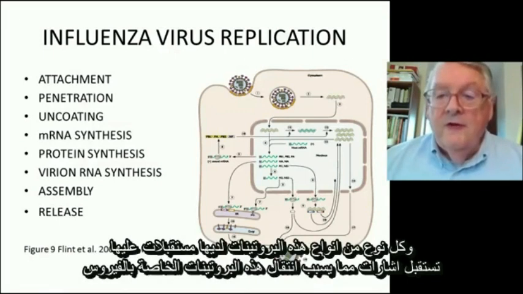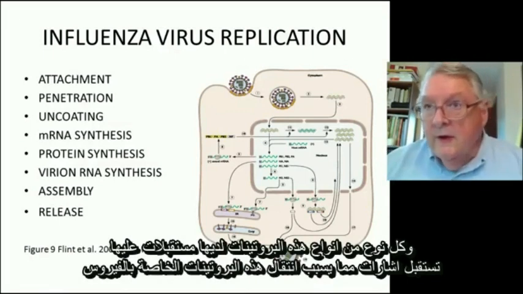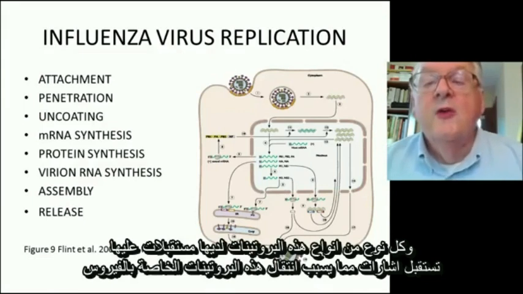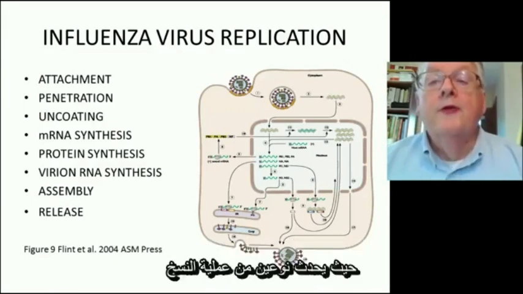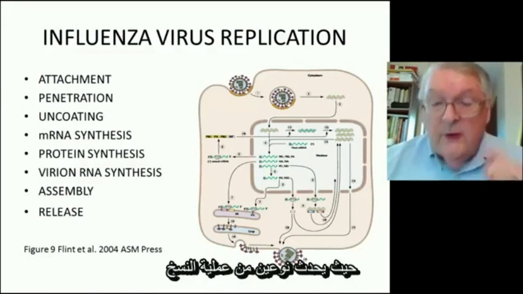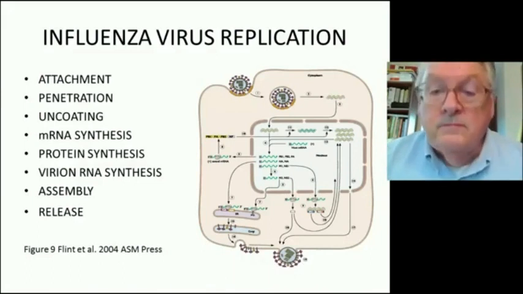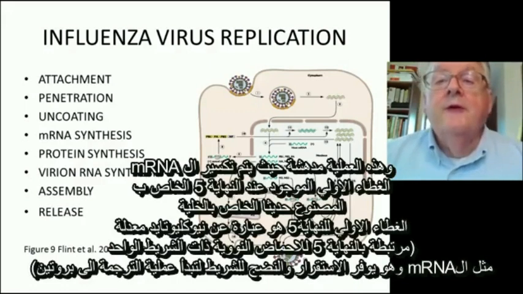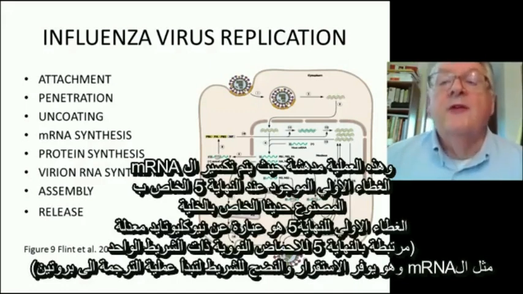Now these proteins have nuclear localization signals on them, so they are transported to the nucleus, where 2 kinds of transcription occur. One is to make messenger RNAs, and this is a rather interesting way to make the messenger RNAs.